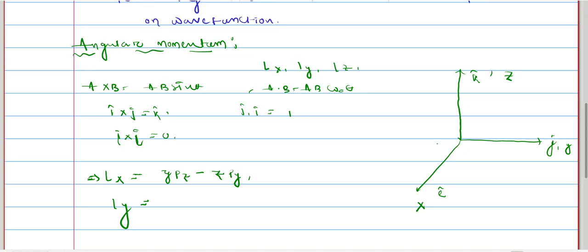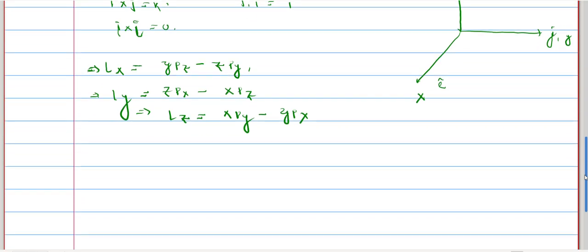Similarly, Ly equals Z Px minus X Pz. This is a very simple form. Lz equals X Py minus Y Px.